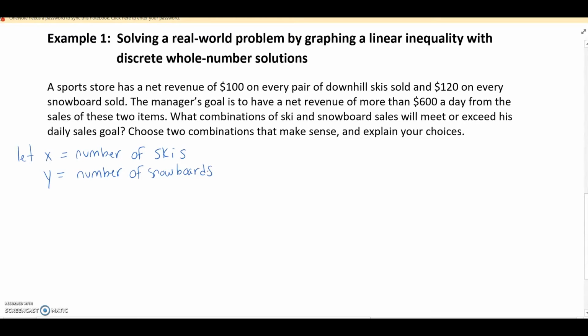So we're trying to figure out how many combinations of $100 on every pair of skis and $120 on every snowboard. Now we also know that x and y must be whole numbers, and the solution set is discrete.